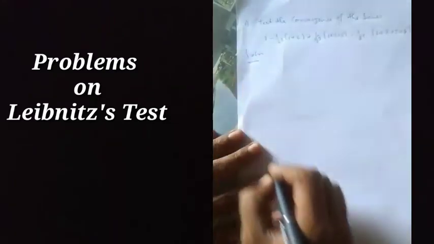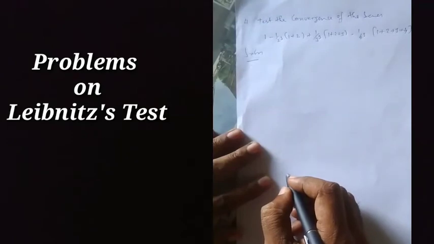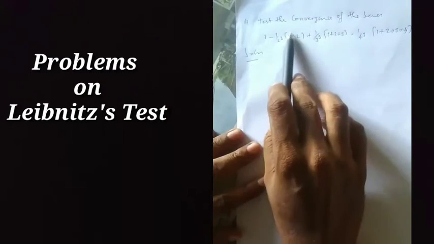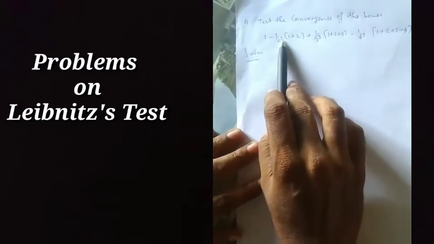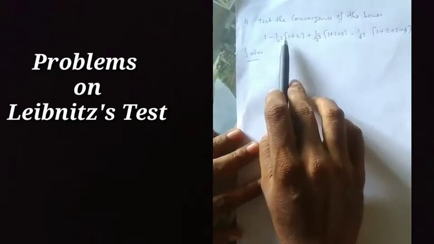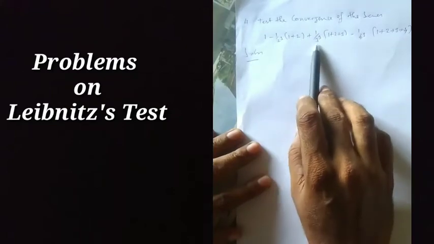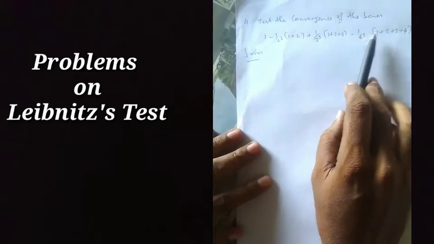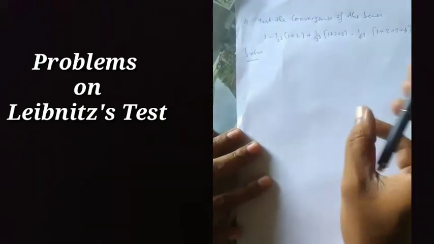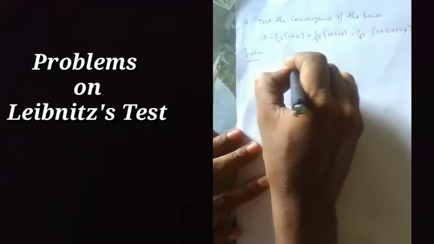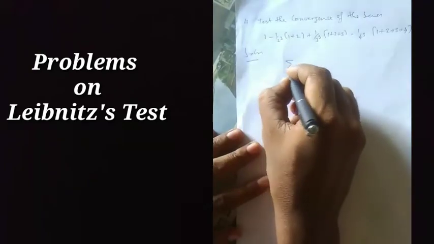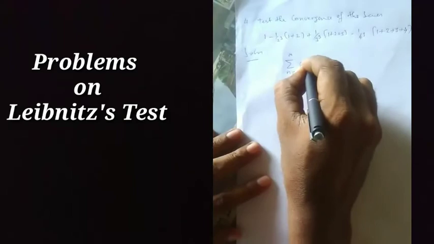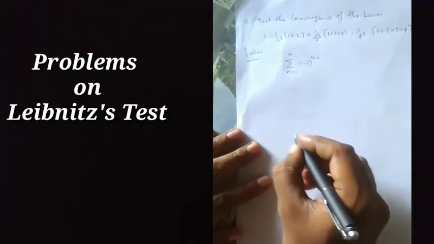Now here, what is our nth term? If you look, this is the first one and this is the second one, second to the power of 3 and 1 plus 2. Next, third term 3 power 3 with 1 2 3, 4 power 3 with 1 2 3 4. Therefore our nth term of the series will be from 1 to infinity, and it is an alternating series, therefore it is minus 1 to the power of n minus 1.